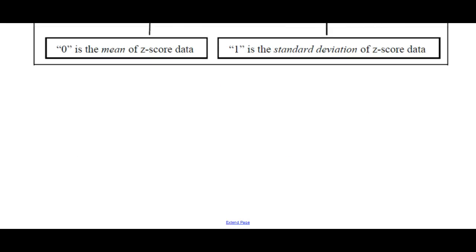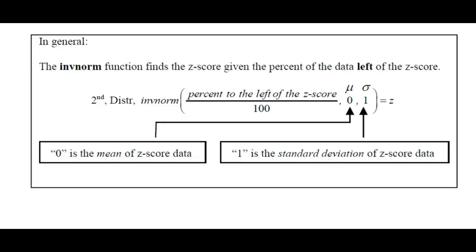And then for inverse norm, in general, the inverse norm function finds the z-score. Okay, so you give it a percent, you say there's so many people, and it's got to be to the left of the data. So if you know the percent to the right, you go 1 minus that number. Okay, it's got to be the percent left of the z-score you're looking for.